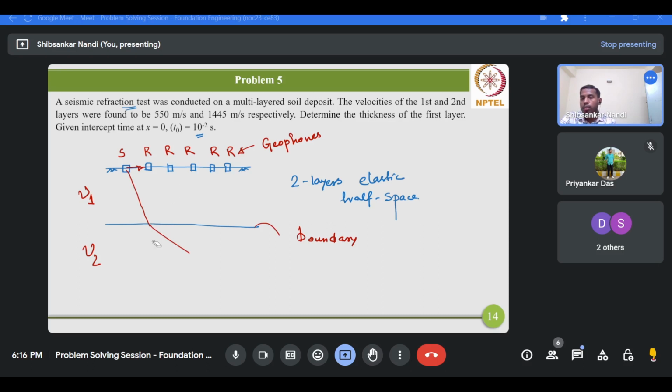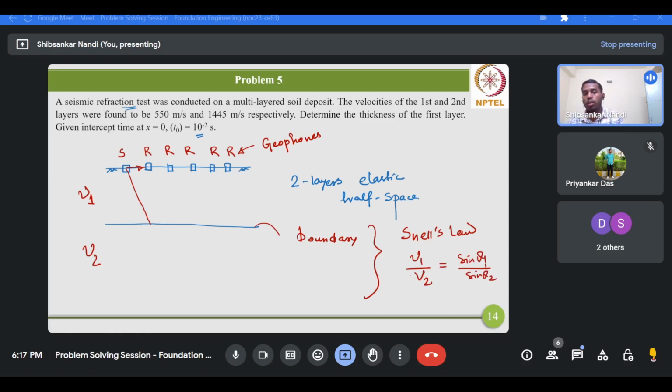Now there is a concept of critical incidence, and this is as per Snell's law. What is that law? V1 by V2 equals sin theta 1 by sin theta 2. What are V1, V2, theta 1, theta 2?